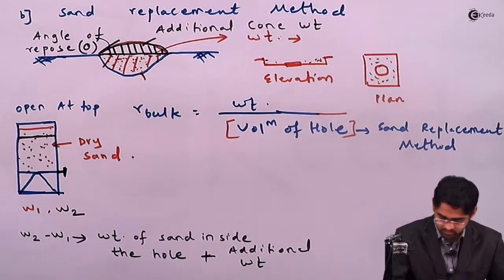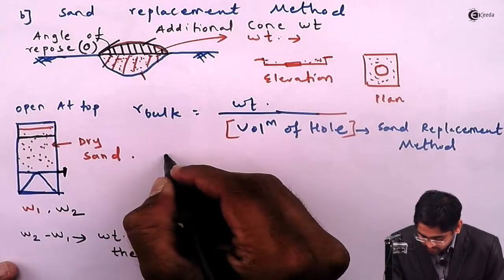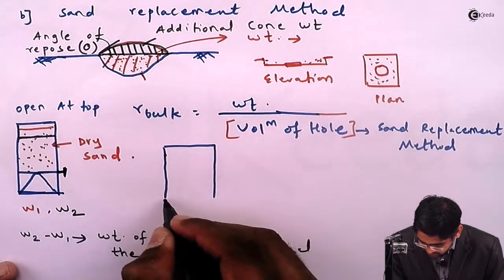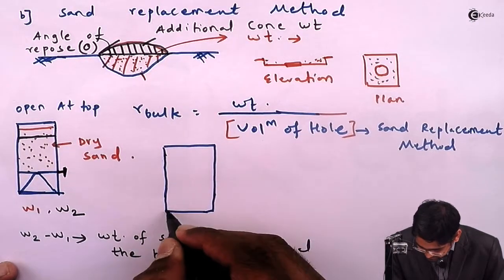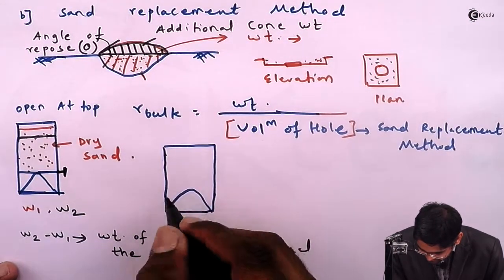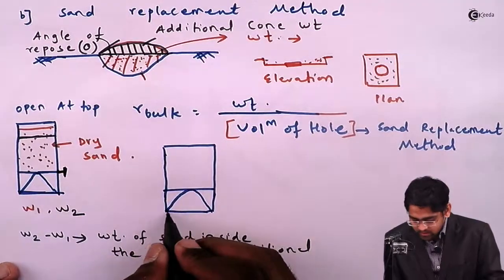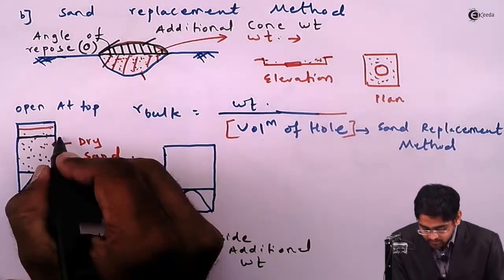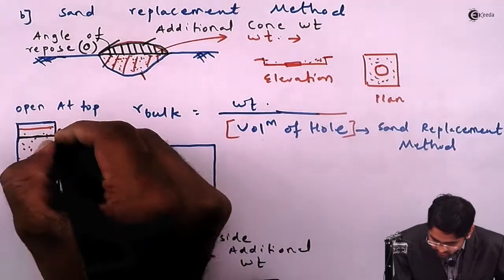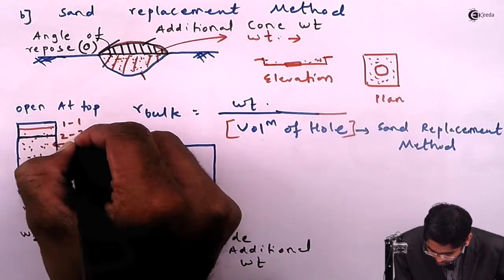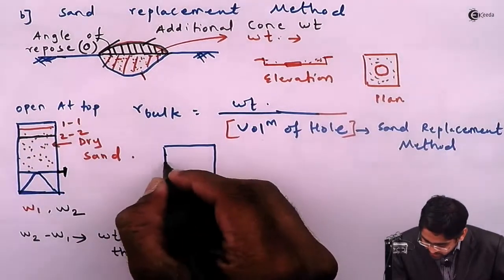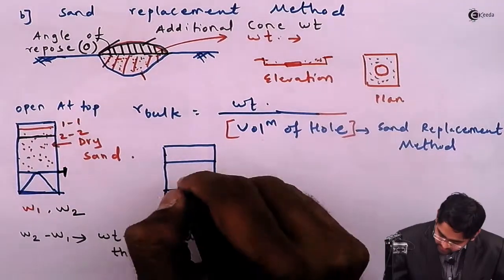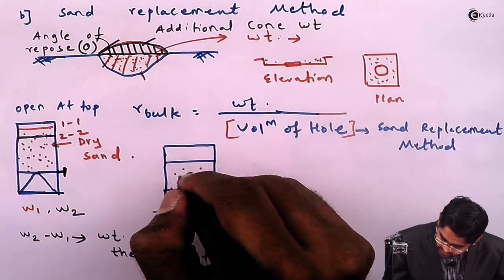Now what you are supposed to do after this, again here on the plane table. So this is level 1-1, level 2-2. At level 2-2, again we have the same dry sand.